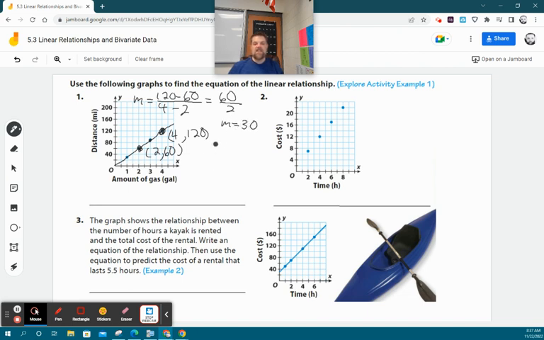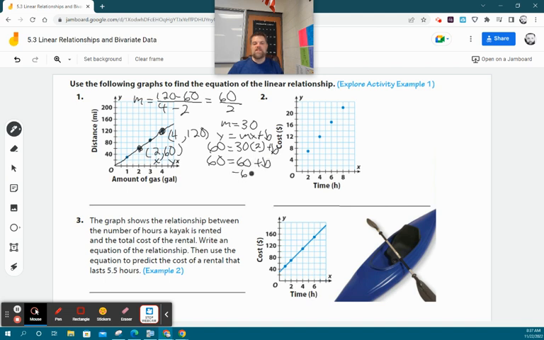The last thing I need to do is pick an x and a y value and plug them in. In other words, y equals 60 when x equals 2, and that gives me my b term. So what I did is I wrote down y equals mx plus b. So I get 60 equals 60 plus b.